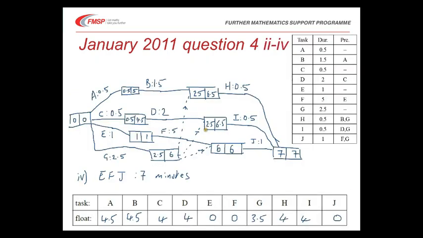So these are fairly standard then. It's M1 for your activity on arc, so it's clear that you are labelling your activities on your arc.